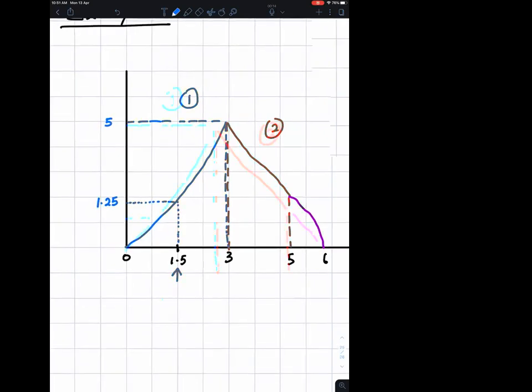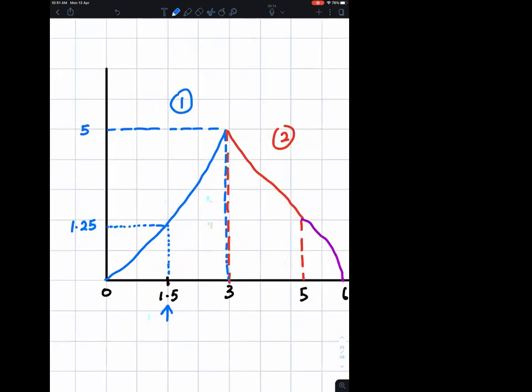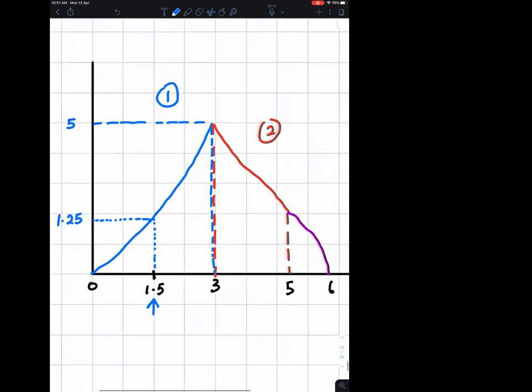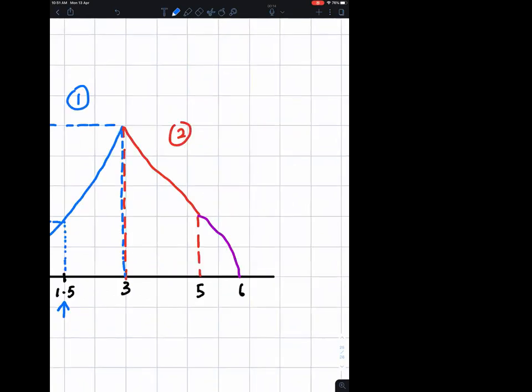Any question on this? No, sir. Okay, now you do the same thing for the red section. You want to split that into 2. And then red is going from 3 to 5, right?